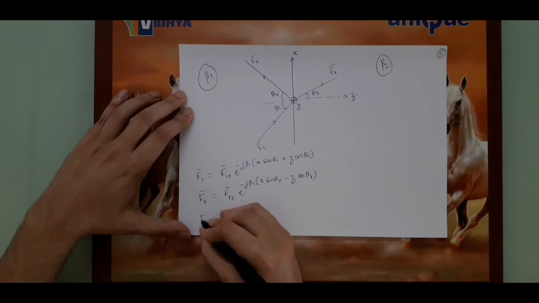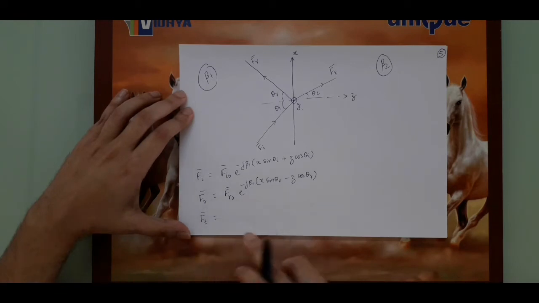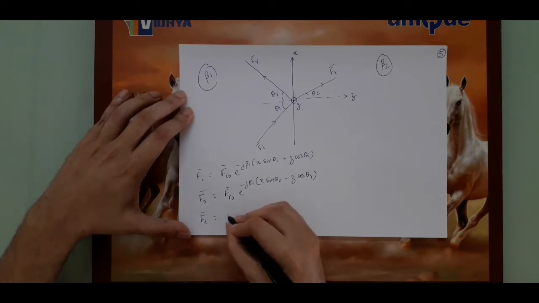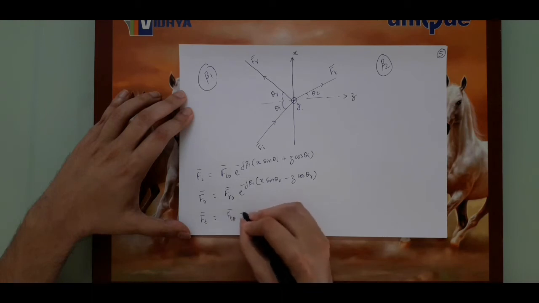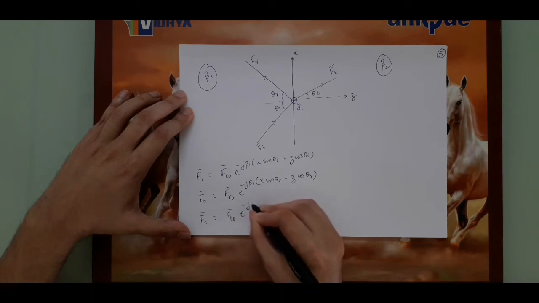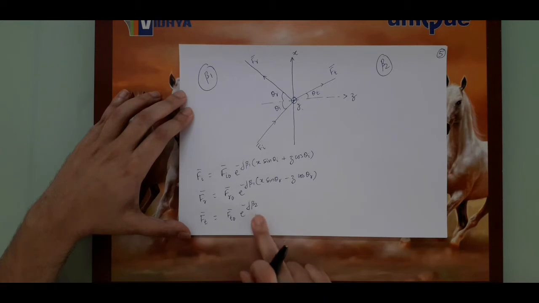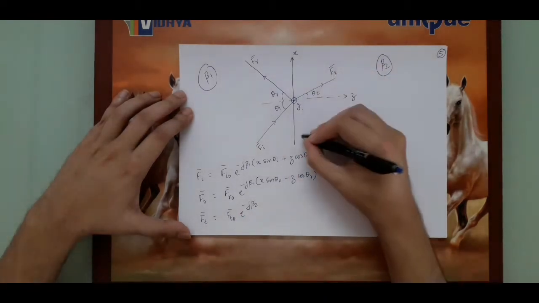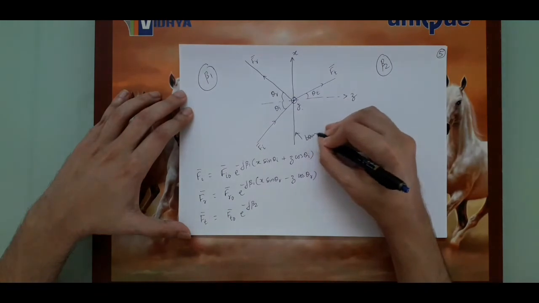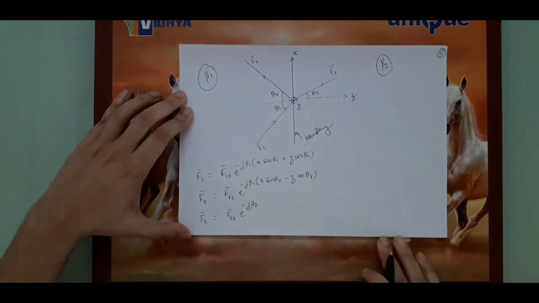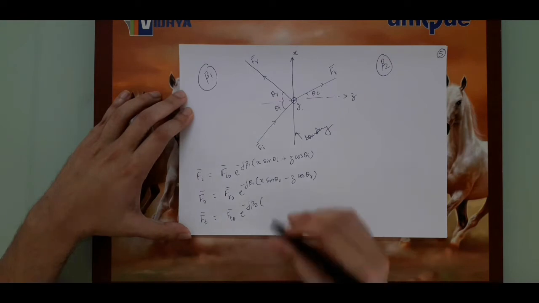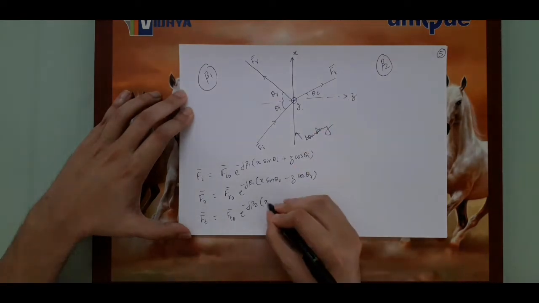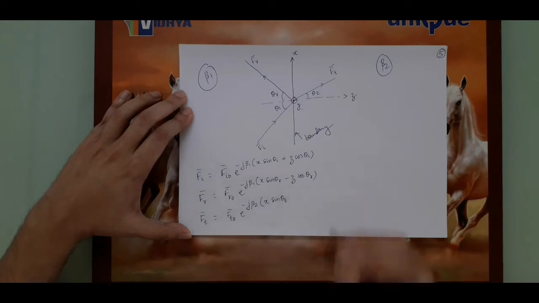What about the transmitted wave vector? It will be Ft0 times e raised to minus j beta 2, because now we are talking of the transmitted field. This is the boundary. Times x sine theta t.